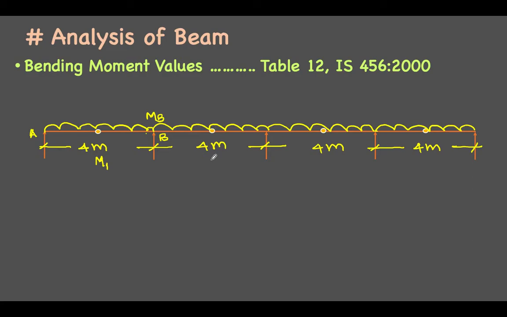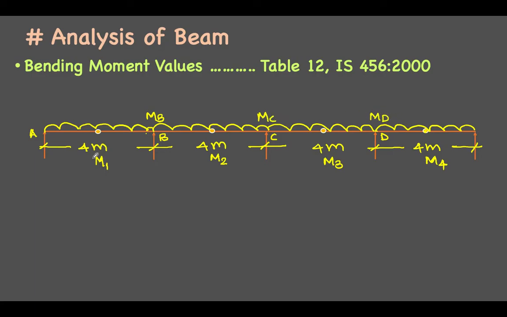At mid span, I'll consider M2, and here M3, and here M4. Over support C and support D, we have MC and MD.